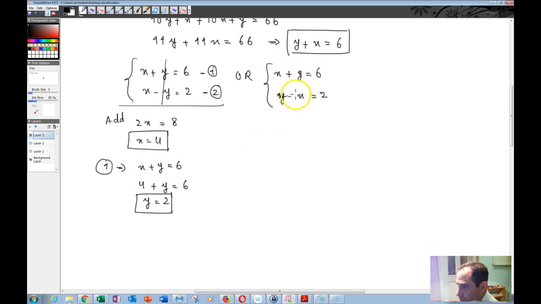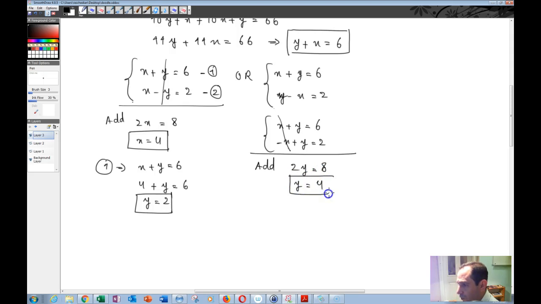Over here you need to rewrite this as x plus y is equal to 6, and then negative x plus y is equal to 2. And then if you add them together, which is simply the method of elimination, you get 2y is equal to 8. So y is equal to 8 divided by 2, which is equal to 4.